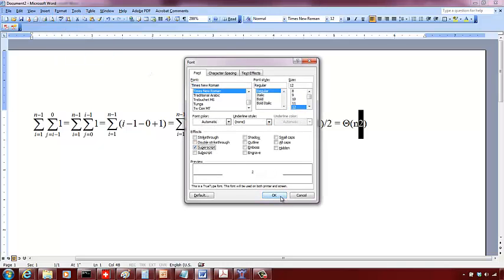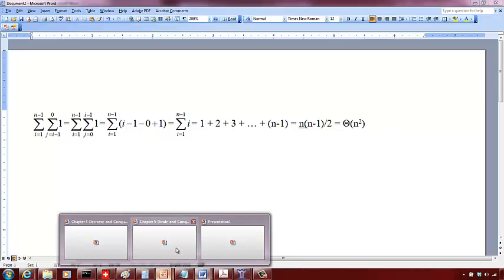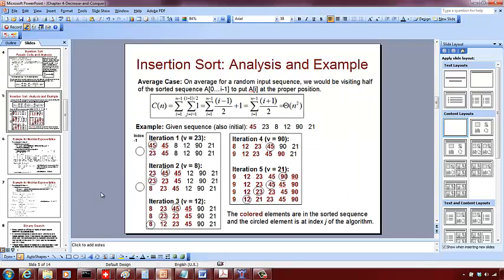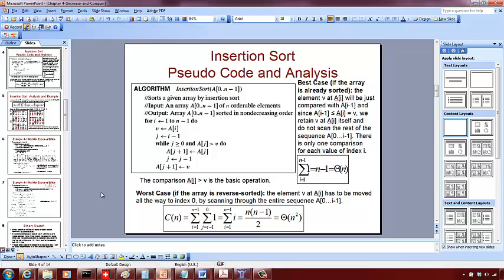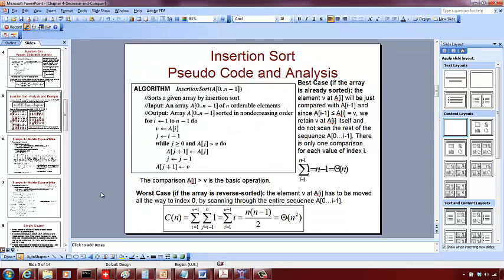Okay, so now let's look at what its complexity is at the average case. On average, what we basically want to see is how many times this comparison is done. The inner loop really runs from j equals i minus 1 to 0.